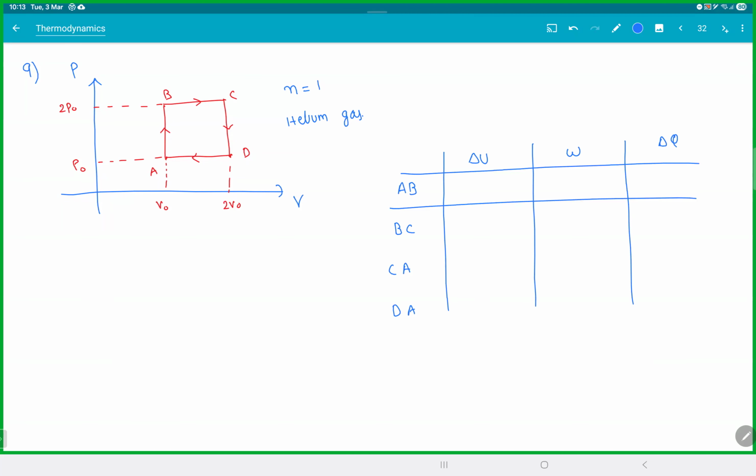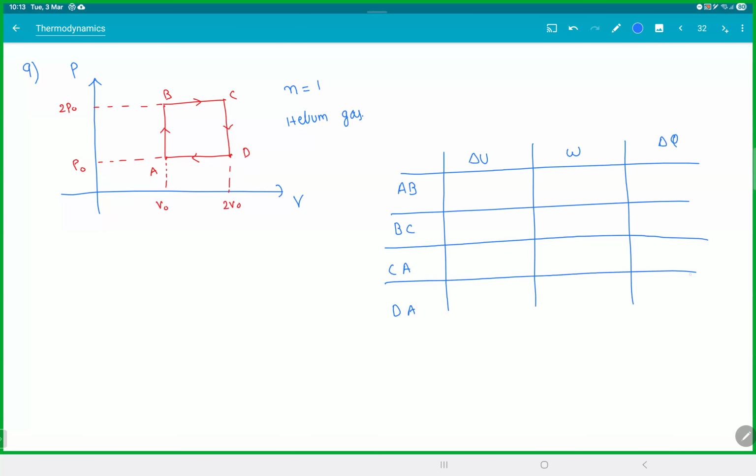So for each process, find delta U, work done, and delta Q. And find efficiency of the cycle. Let's give it a try. Start with filling up the table. If they ask you to find efficiency, you need to get the table, unless you're sure about certain things.